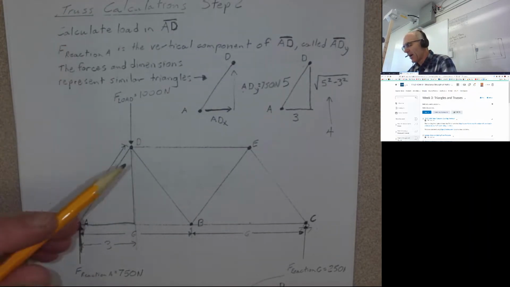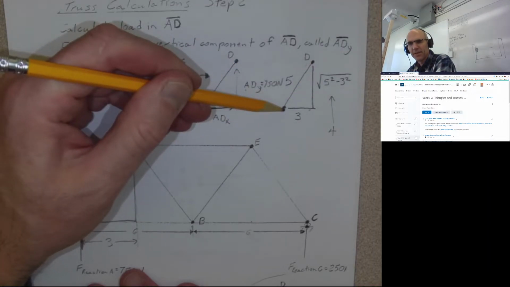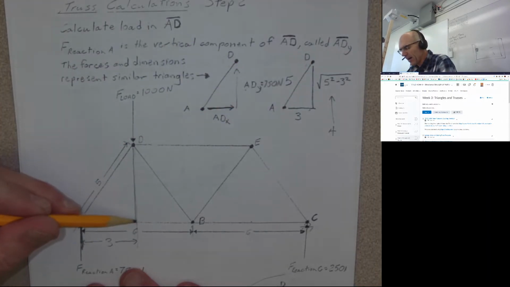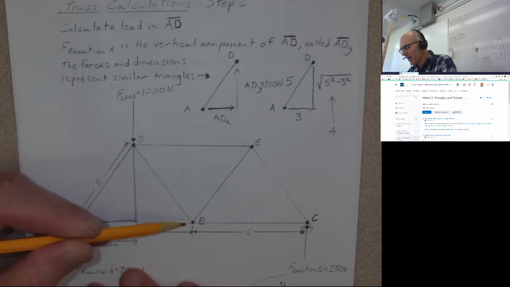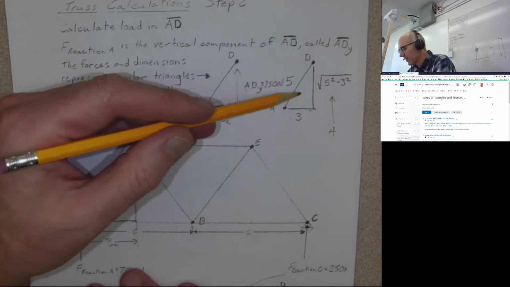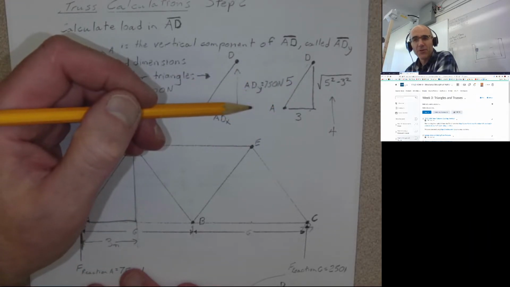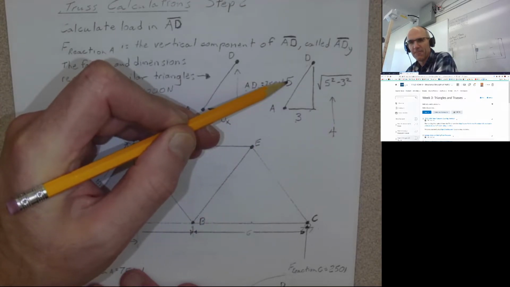Now our similar triangle for this, using the sides and the length of the sides, we've got a dimension of 3 meters right down here, because this is halfway along this 6-meter segment. And we gave you the dimension of 5 right up here. Which means that when you do your square roots and everything, you come up with my favorite triangle, the 3, 4, 5 triangle.